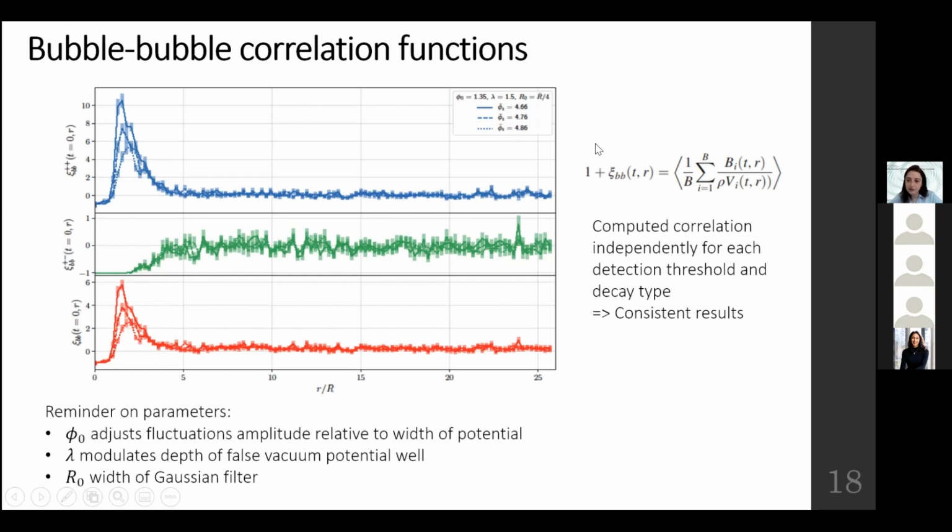two-point function. The estimator, I'm showing it on the left, is defined in analogy with the peak correlation function. So this is the number density of bubbles at a particular separation within a particular interval on the lattice with respect to the overall number density of bubbles in that realization.